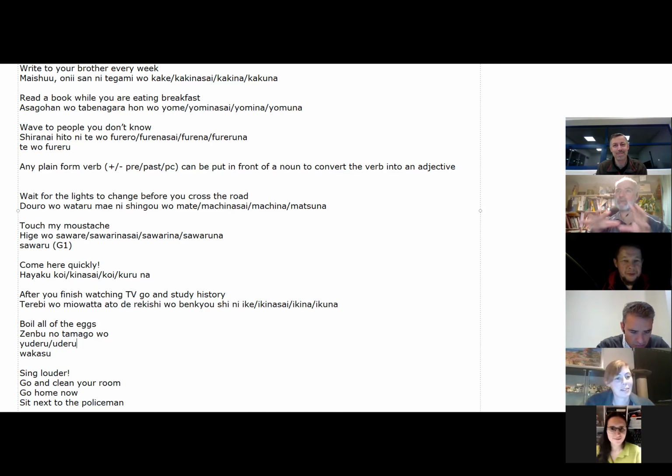Niru is usually used when you're going to really slowly cook something in a sauce or water. Wakasu is for water only, for boiling some water for tea or something. But yuderu is what's used for boiling something in hot water. So I think yuderu is the right one here. Kelly?